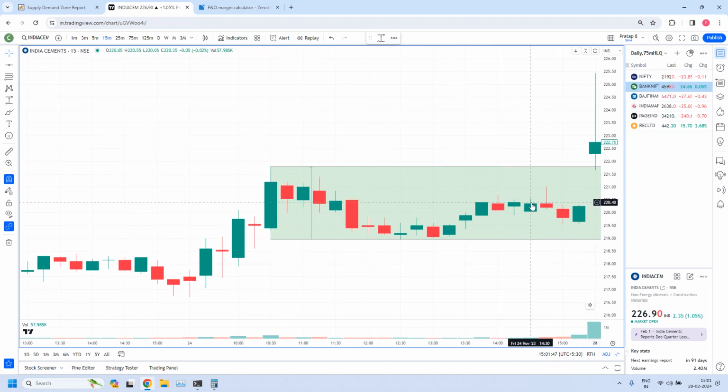We have 1, 2, 3, 4, 5, 1, 2, 3, 4, 5, 6 candles. We have a leg candle and 6 base candles. Maybe this is also a medium size candle, but we are making it part of the base because we have base candles earlier.